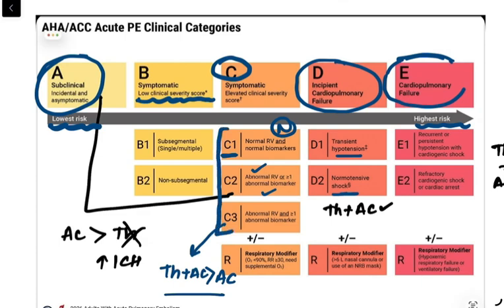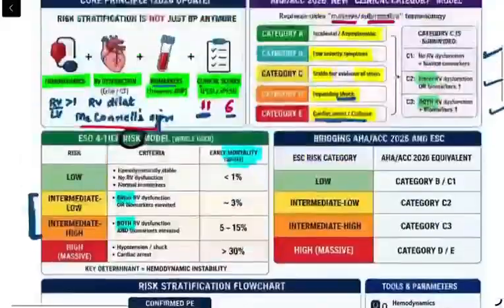In C2 there is either abnormal RV or abnormal biomarker, and in C3 both are present: abnormal RV plus more than one biomarker. D is incipient cardiopulmonary failure, where there can be transient hypotension or normotensive shock, and E is cardiopulmonary failure, the highest risk, with cardiogenic shock, refractory and recurrent shock.